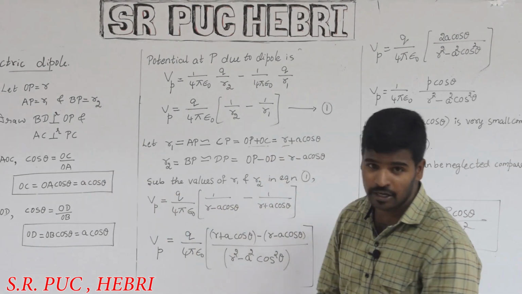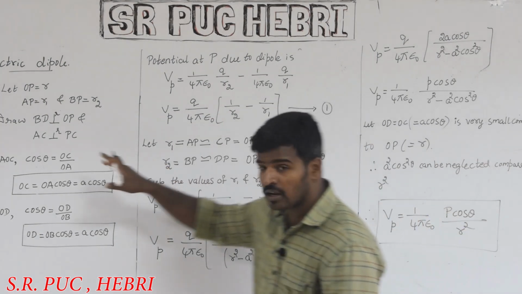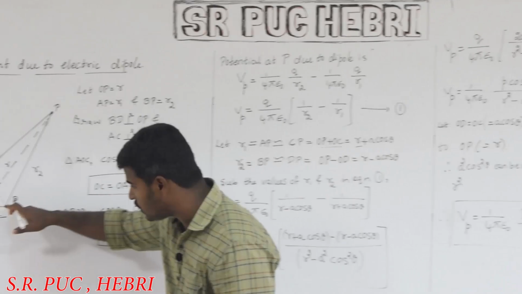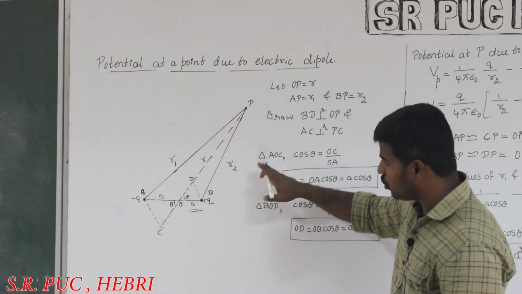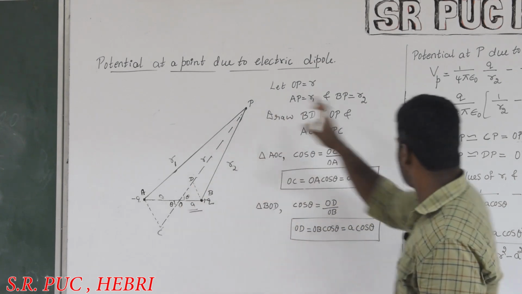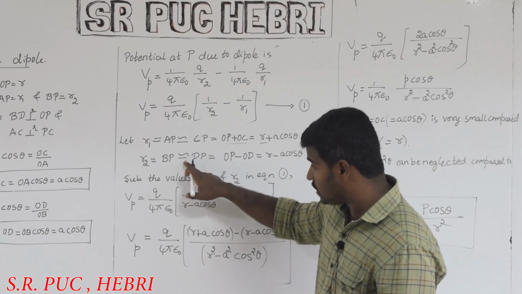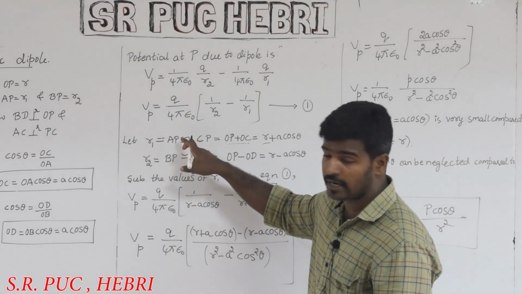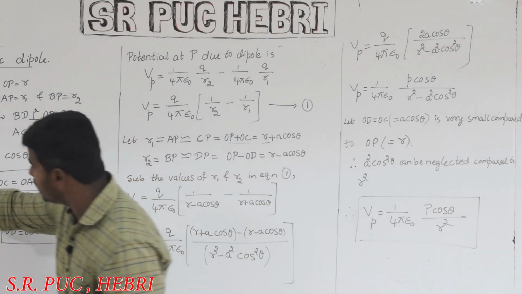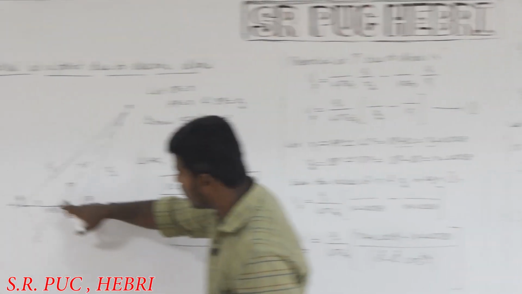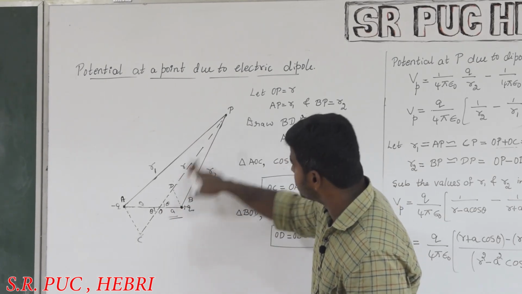As well as in the second condition, R2 is the distance from the point B to P. Now B to P is nearly equal to DP, the distance from D to P. That is nothing but OP is equal to OD plus DP.